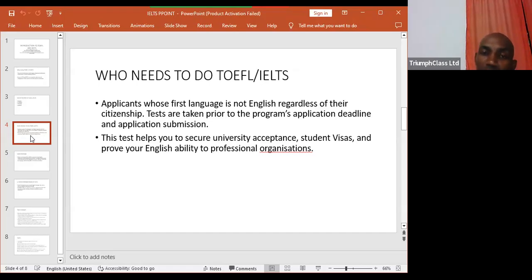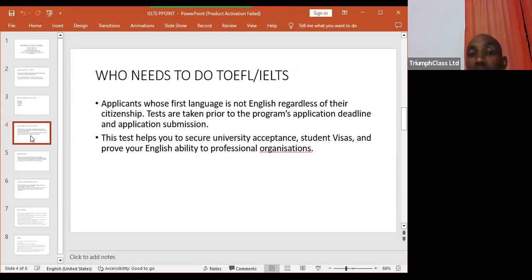We have people who want to get more qualifications other than the first degree. You apply, and once you are given that opportunity, then you do this test, you attach it on your other qualifications, and you complete your applications.